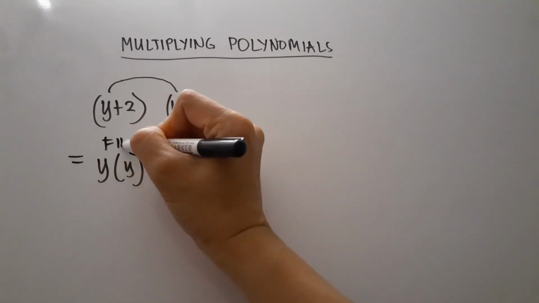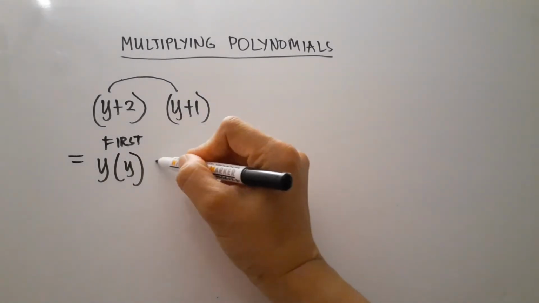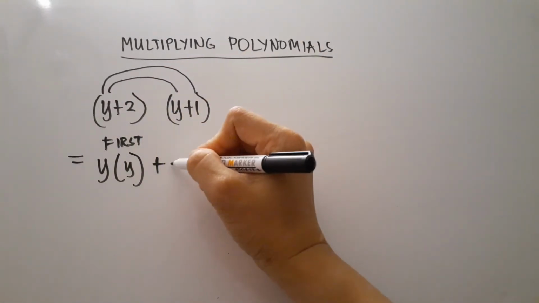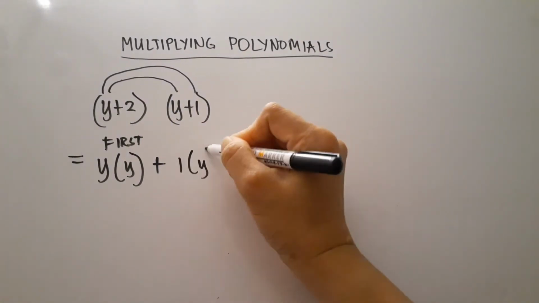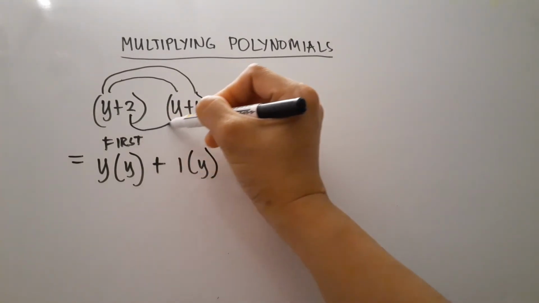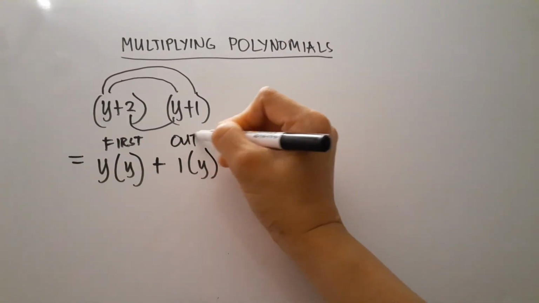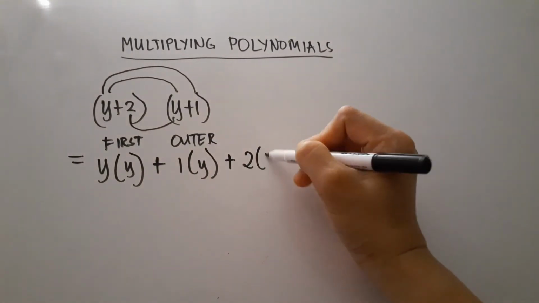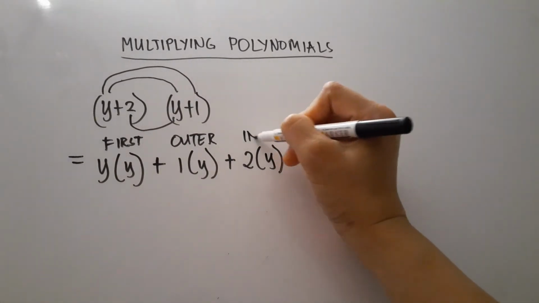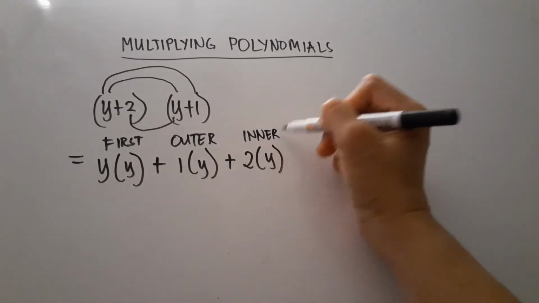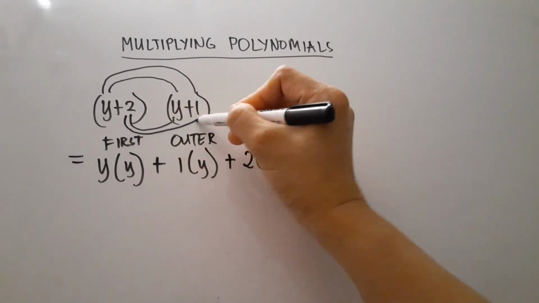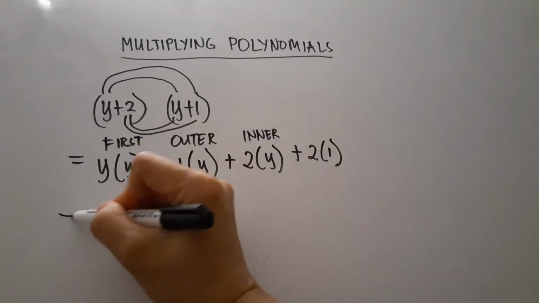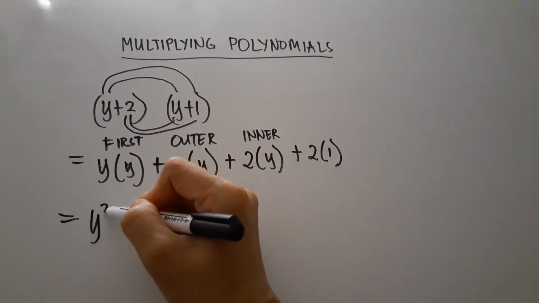Remember our first is y times y, plus the outer, which is y times 1, plus the inner, which is 2 times y, and the last, which is 2 times 1.